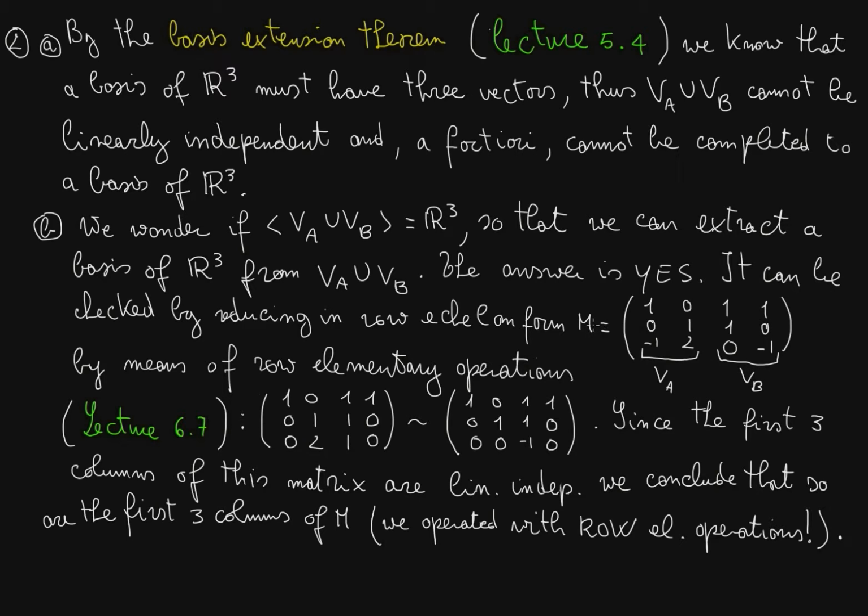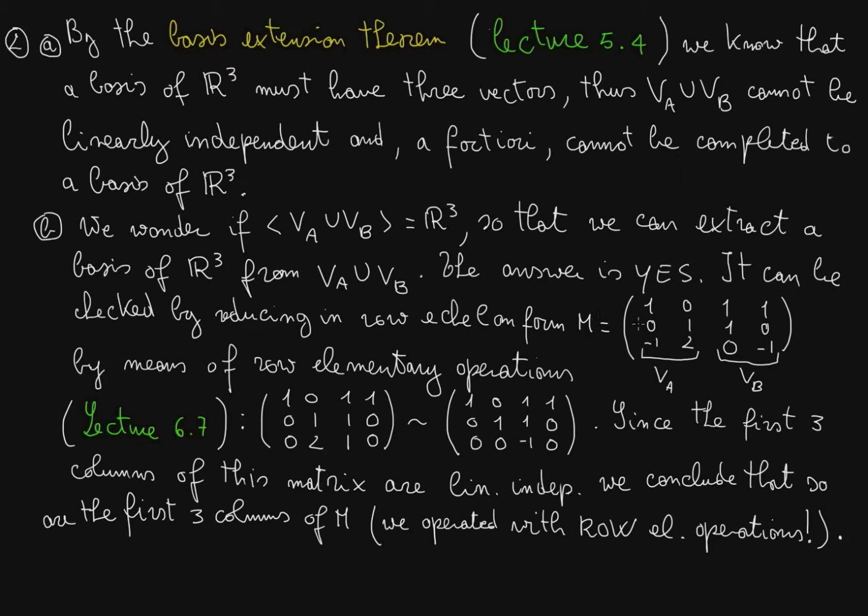Let's call this matrix M. We reduce this matrix in row echelon form by operating with row elementary operations. So we know that the resulting matrix will have columns, and the linear relationships between these columns will be exactly the same linear relationships that we have in the columns of the initial matrix. These facts have been stated and defined in lecture 6.7.